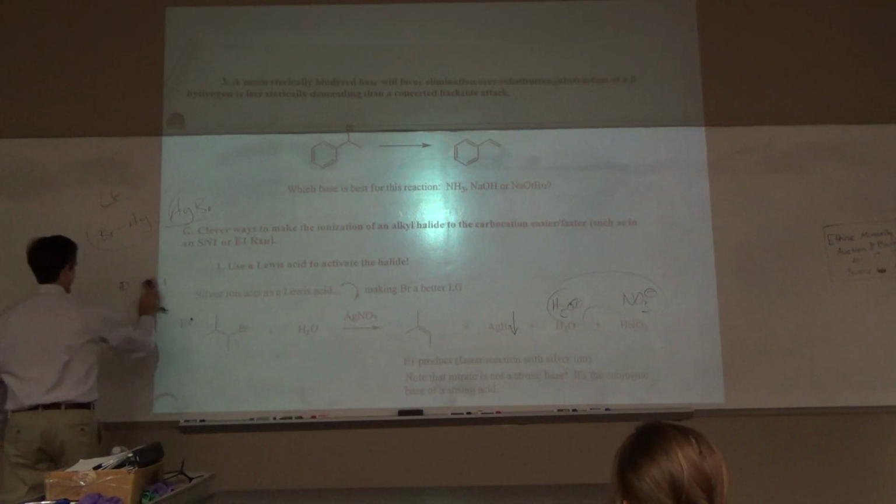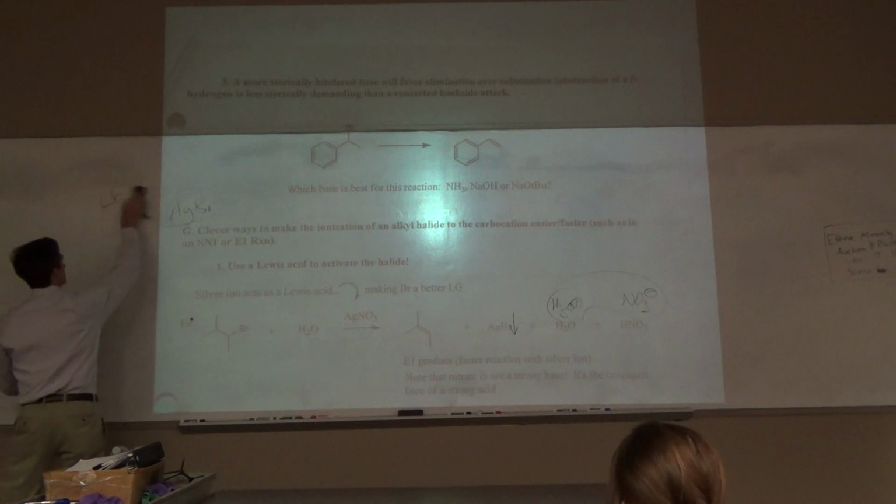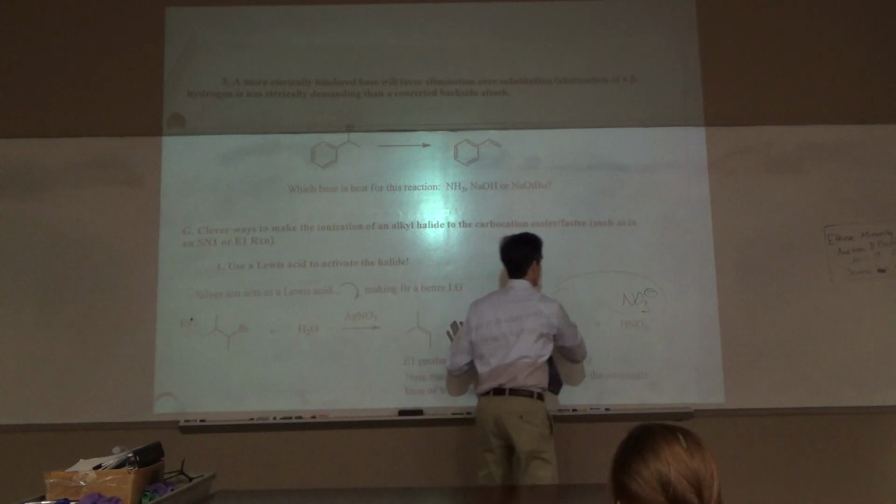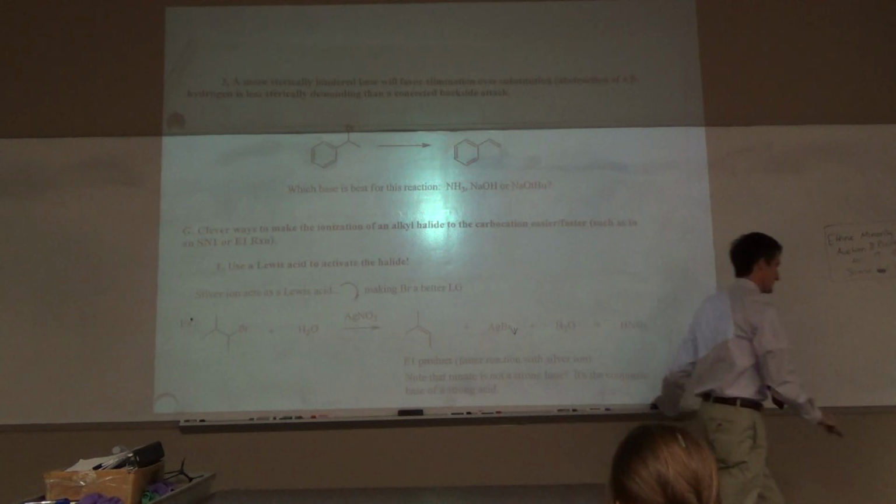Okay, a clever twist with the silver ion. You can actually use the silver as a chemical test for the presence of ionizable halogen.